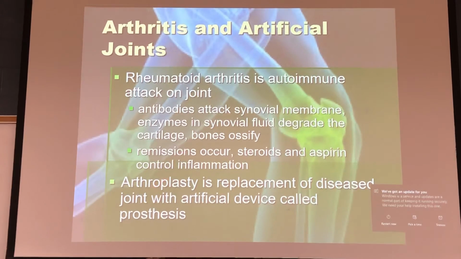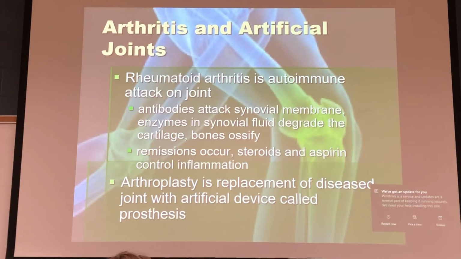But you can see that arthroplasty, that's an interesting term. Arthro for joint, plasty means change. So changing a joint or replacing a joint sometimes is with some type of prosthetic, right?